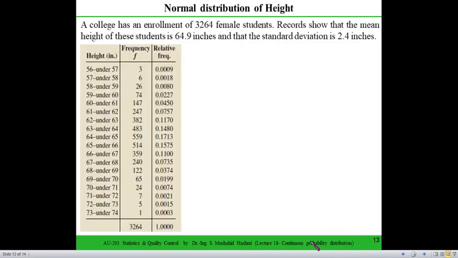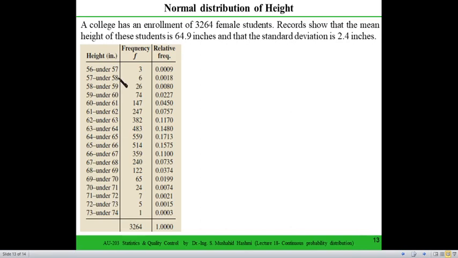Okay, now we have got this general concept of continuous probability distribution. Here, let's say we have a college with 3,264 female students, and we are recording the height of these students, which comes out to an average of 64.9 inches and a standard deviation of 2.4 inches.